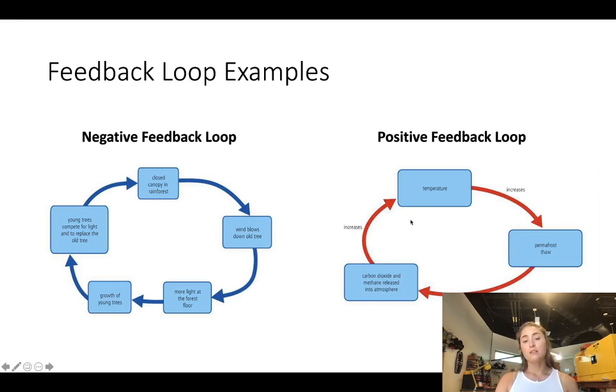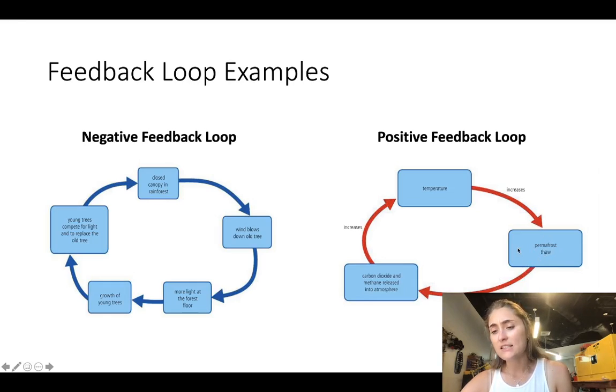Now, a positive feedback loop, by comparison, is usually change that doesn't get us back to our original status. So in this case, we're starting with an increase in global temperatures. As those global temperatures increase, we see ice or permafrost thaw that hasn't thawed in a really long time.